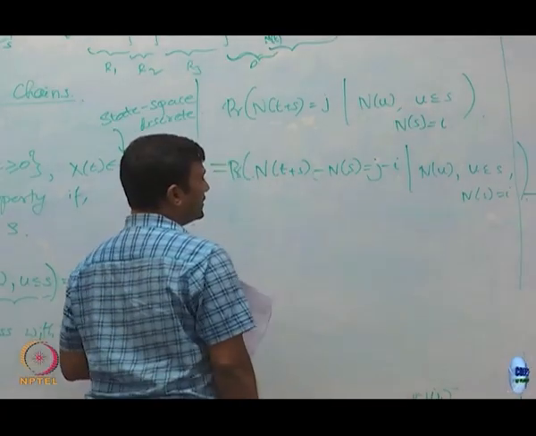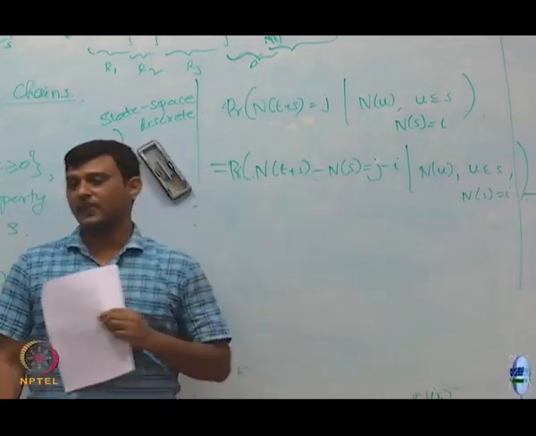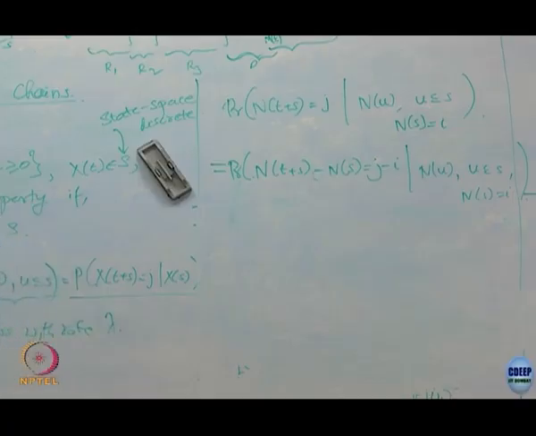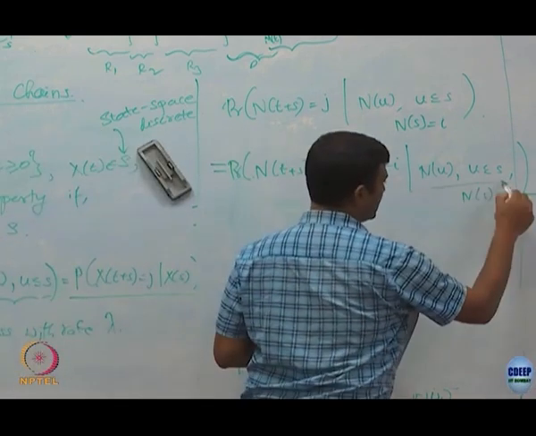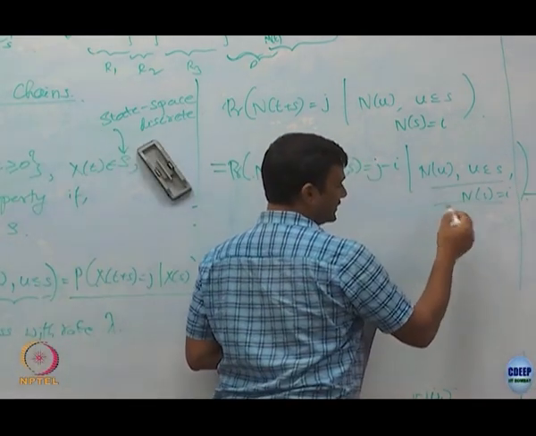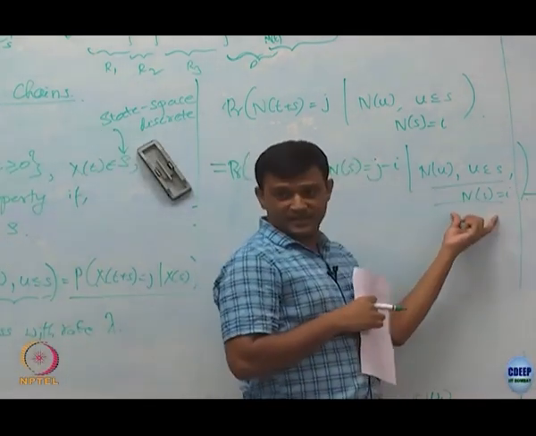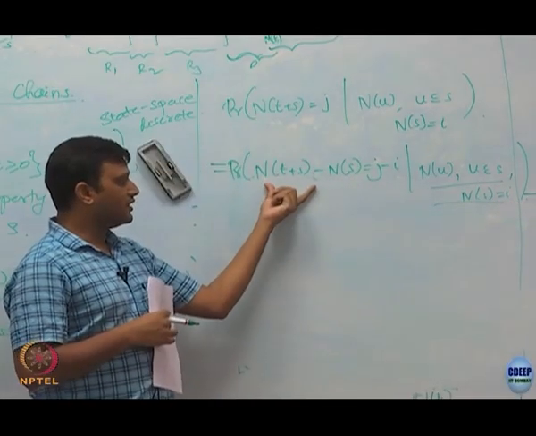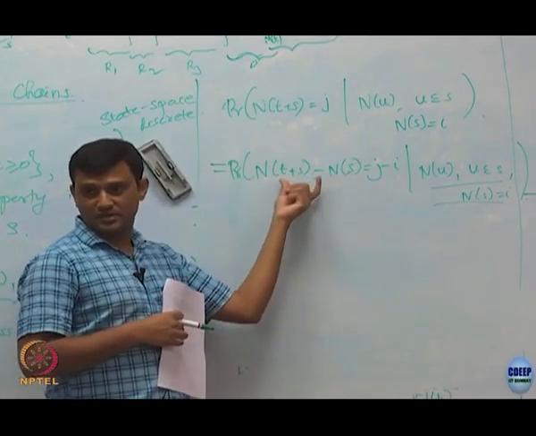And with this we are done, right? What is the property of a Poisson process? Poisson process has independent increments. So what is this saying? This is the number of arrivals in the interval 0 to s, which is i, and this is the number of arrivals that has happened between s to t plus s.